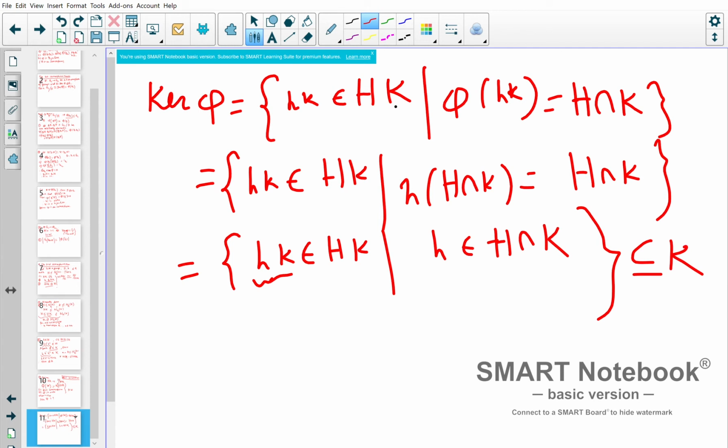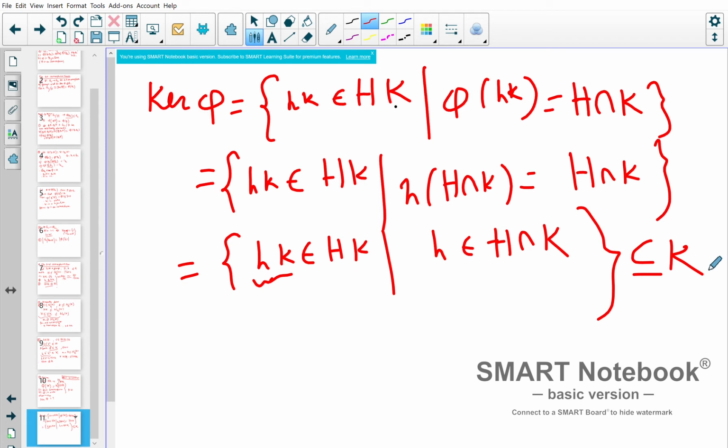Because hK is an element of HK, H intersection K. So this product is an element of K. Clear? So what do you have? You have the kernel is a subset of K.